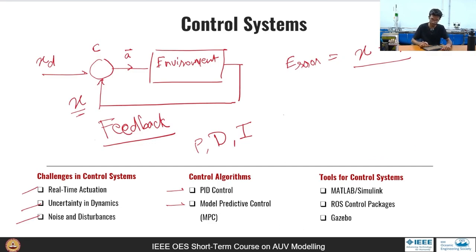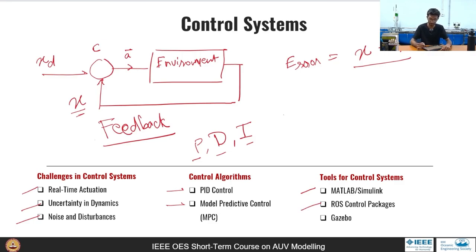Various tools can allow us to effectively implement these control algorithms. MATLAB provides various control packages which will allow us to tune the gains for these PID algorithms, as well as even for effectively training the model predictive control algorithms.